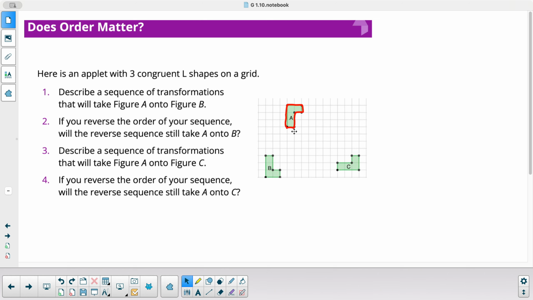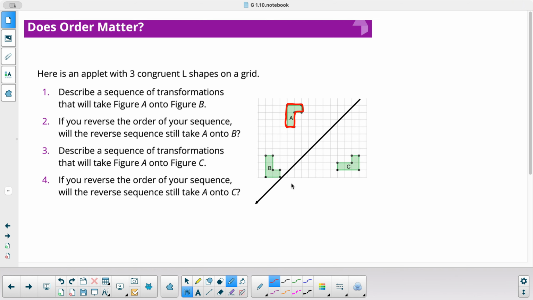Well, hang on, let me try this again here. Actually, you know what? Hold on. I might just be able to draw a line here, now that I think about it, and reflect across that line. Because remember, we said that it needs to be perpendicular from every point and the same distance.